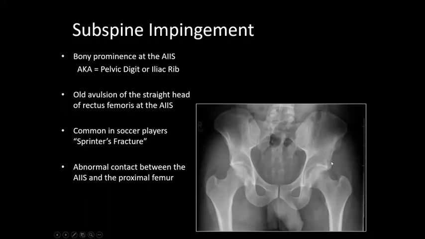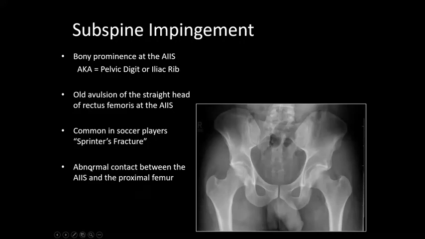This appearance also can be described as the pelvic digit or the iliac rib. This terminology can be used for this entity, the subspinal impingement. Basically it's remodeling and protrusion of the anterior inferior iliac spine due to prior bony injury and fracture.